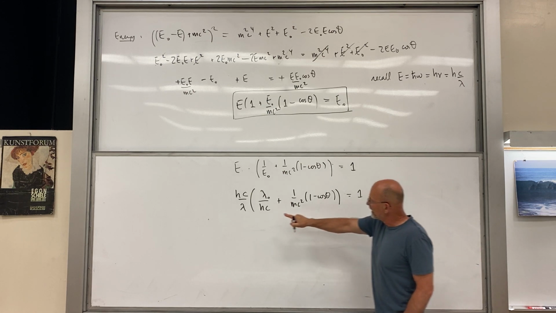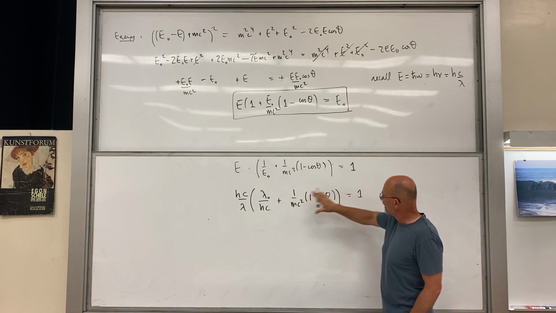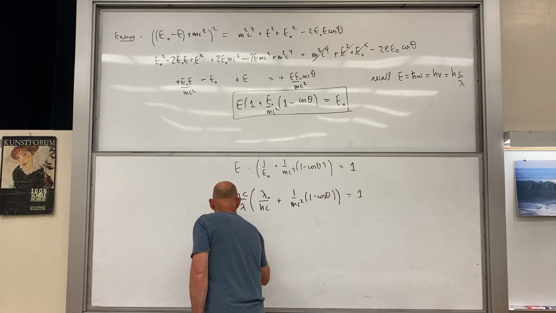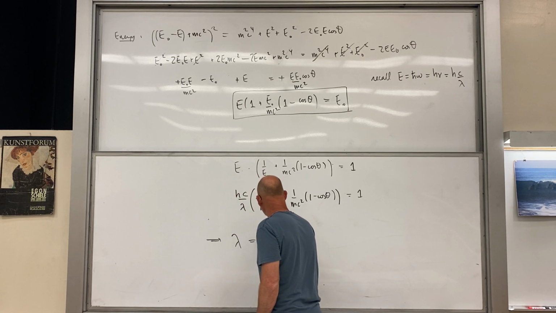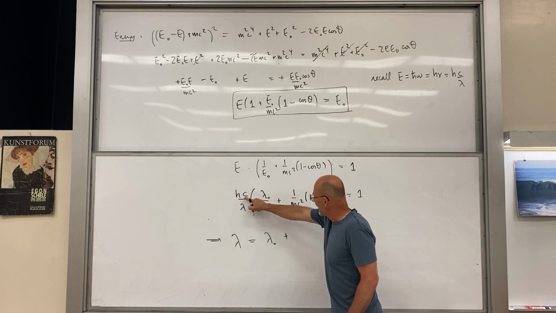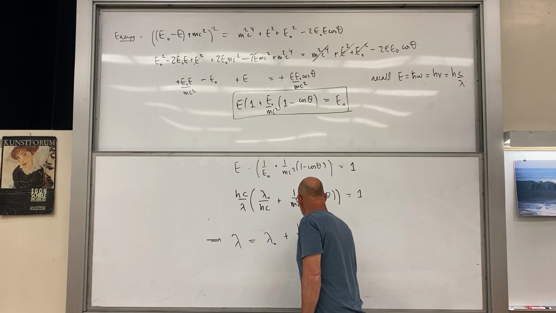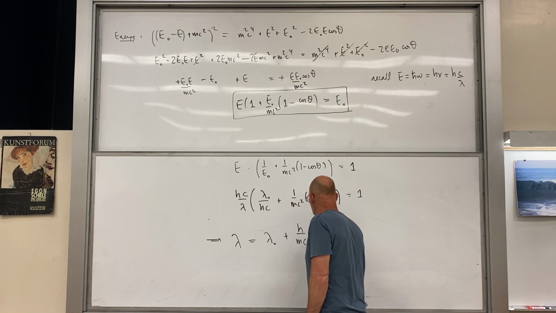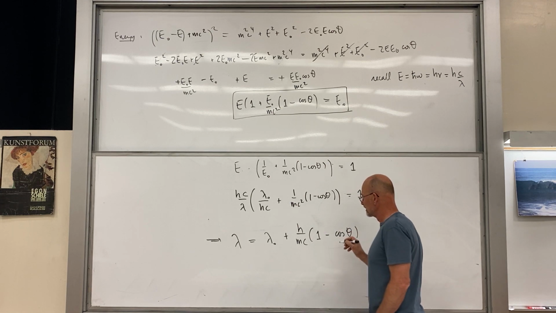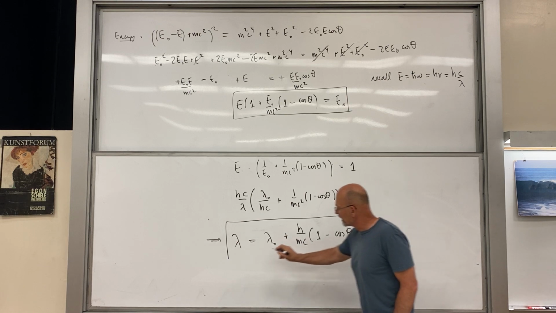And now we're finally ready to just cross multiply and multiply through. So we just multiply the whole thing over, and we finally get lambda equals the lambda 0 here, and then the hc will cancel one of the c's there, so we'll have h over mc, 1 minus cosine of theta. So that's the famous Compton scattering formula.